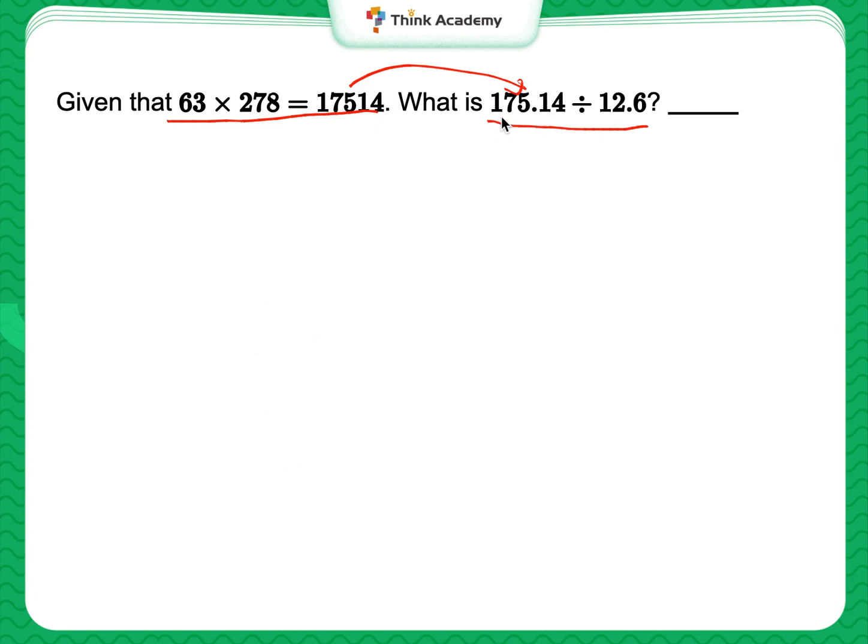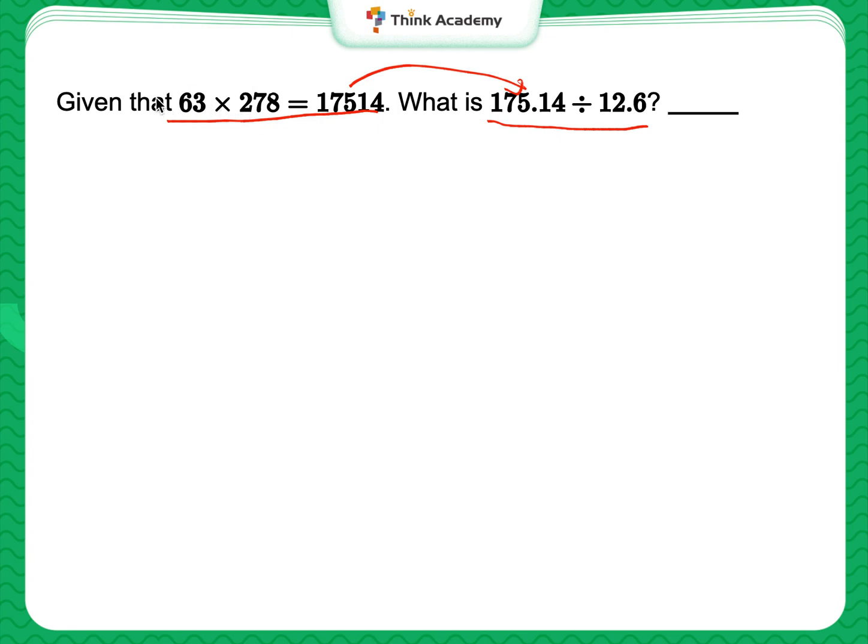So we can see that 175.14 is definitely related to 17,514 right here. Where 12.6, let's look at 12.6. Is it more related to 63 or is it more related to 278?